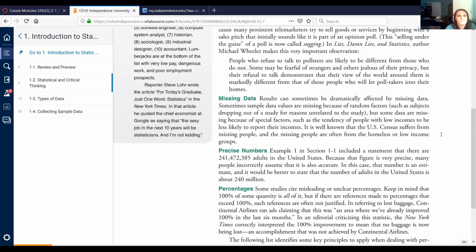So if someone says there are about 2,100 people living in this building, the precision sounds like it's really there, but about 2,100 means that the only part that's really accurate is the 21 part.